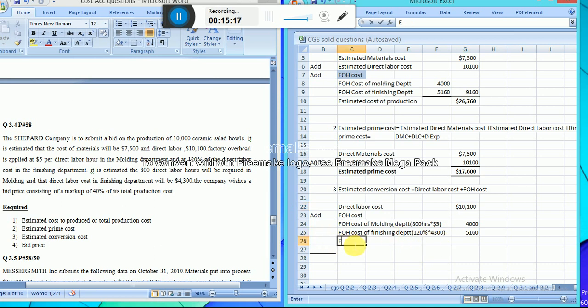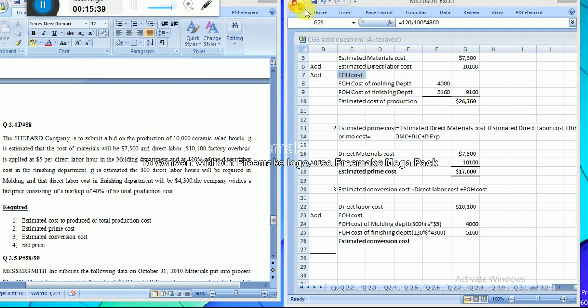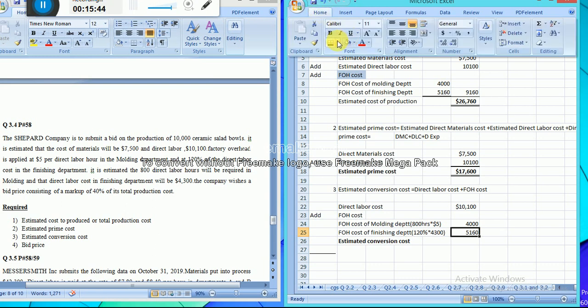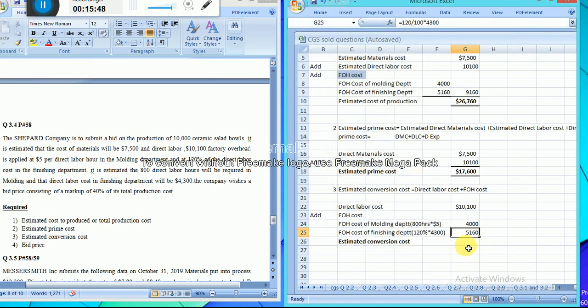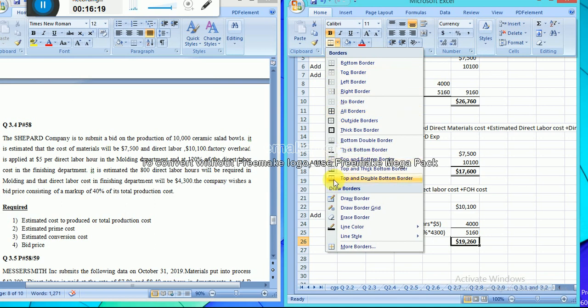So estimated conversion cost, we will add: direct labor cost plus factory overhead cost in the molding department plus factory overhead cost in the finishing department, that is equal to $19,260. This is our estimated conversion cost.